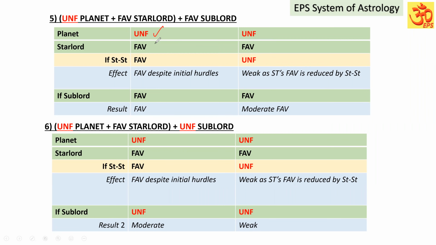Combination 2 is also the same way, the star lord is favorable, the sublord is favorable, but the difference, as we discussed already, is only in the star lord of the star lord.